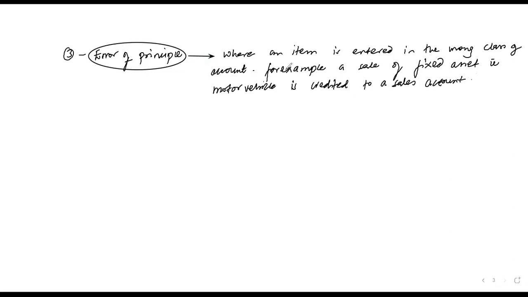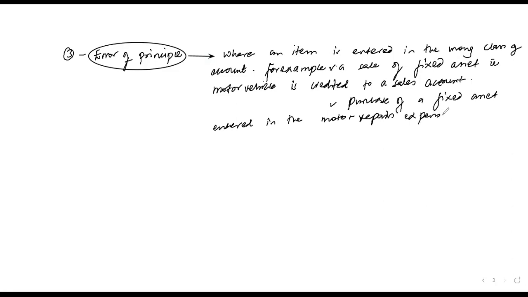Now, this is an example of error of principle. Can I give you another example? Purchase of a fixed asset entered in the, say, motor repairs expense account.